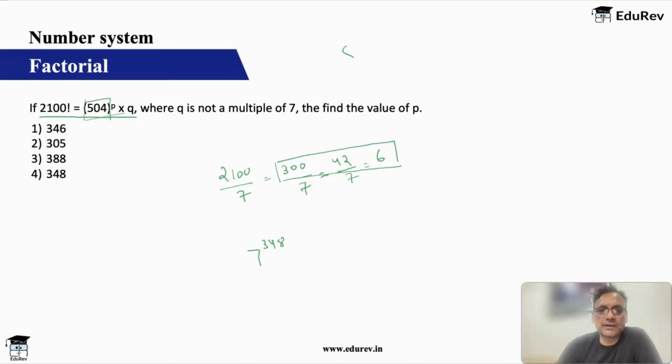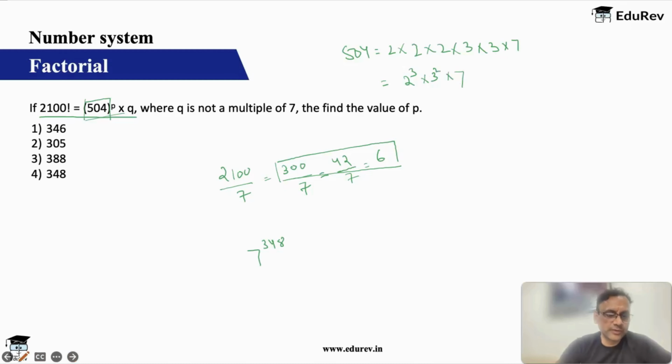Okay, now we have 504. If I factorize 504, that is how much? 2 into 252, 2 into 126, 2 into 63, 3 into 21, 3 into 7. That means 504 is 2 cube into 3 square into 7.